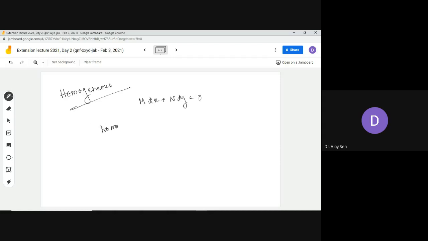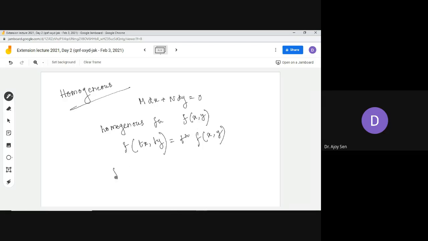Homogeneous function means you are given a function f(x, y). It is called homogeneous if you replace x by tx and y by ty, do some algebraic calculation, and you get t to the power n times f(x, y). If this happens, then this kind of function is called homogeneous of degree n.